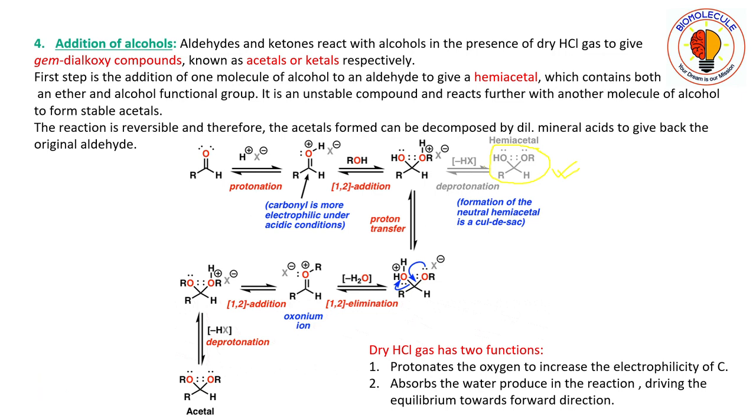So the hydroxy group of this hemiacetal will further get protonated, as dry HCl is present in the reaction mixture. Now this can leave as a water molecule, H2O. What this alkoxy group will do is, with its lone pair of electrons, it will donate electrons to this carbon, and this carbon will become pentavalent.